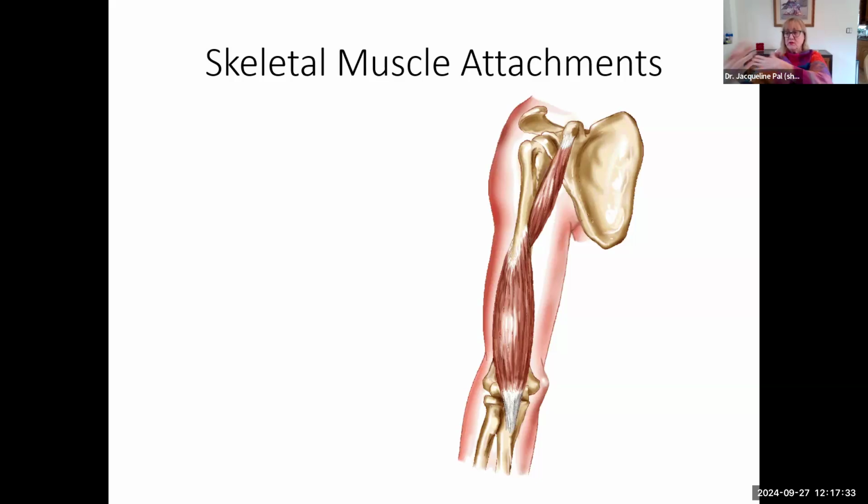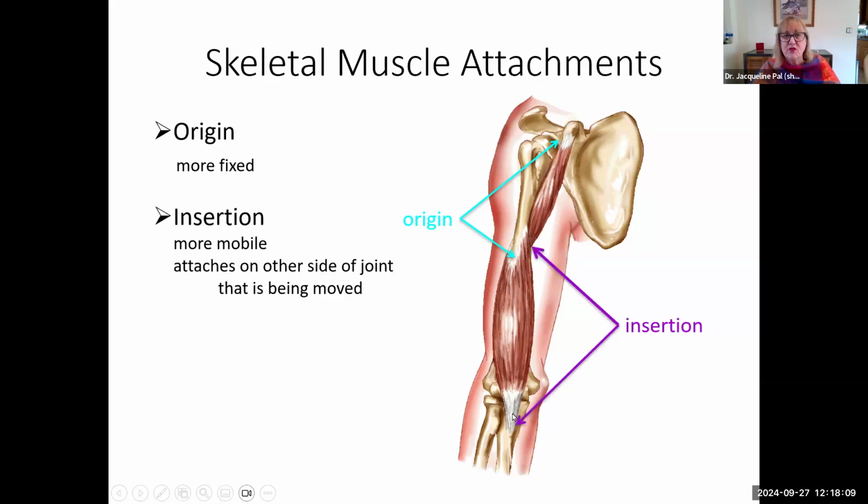Between your torso and your extremity, the extremity is going to move more. Your torso is going to move less. Between your arm and your forearm, or your thigh and your leg, your arm or your thigh would move less than your forearm or your leg. And so that attachment would be called the origin. The origin is the more fixed attachment, whereas the other attachment would be the insertion, the more mobile attachment.